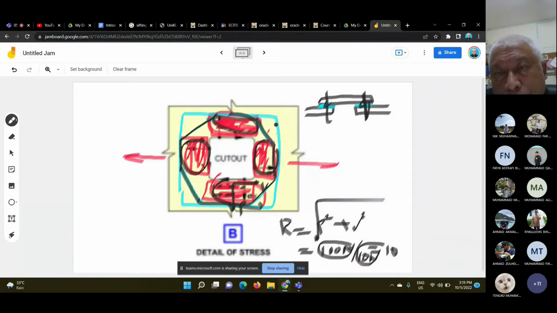In aircraft we design to be lightweight and we remove things not necessary. That's why if you have a beam, you can see they make a hole. That hole area doesn't carry load, so remove it.